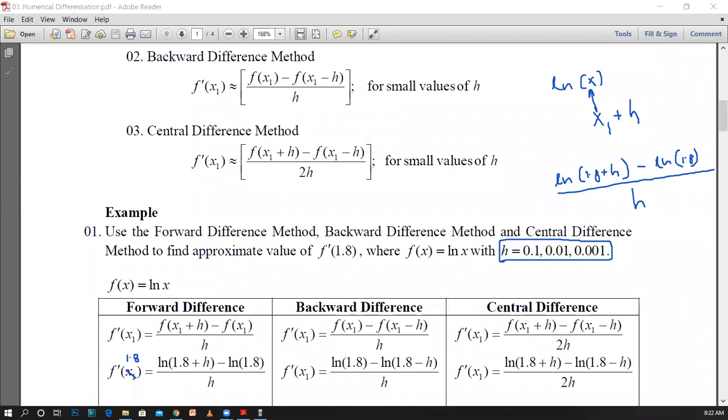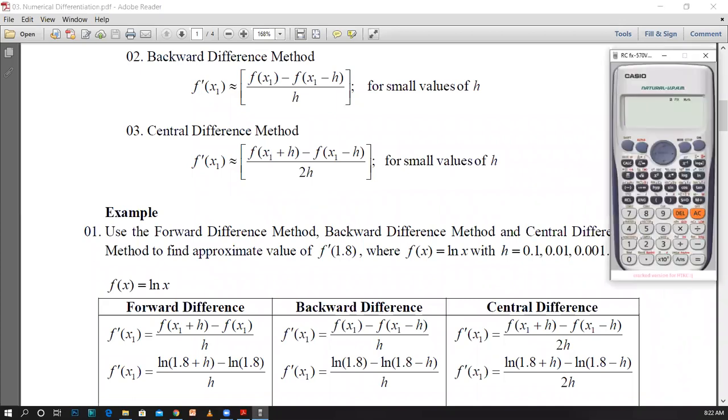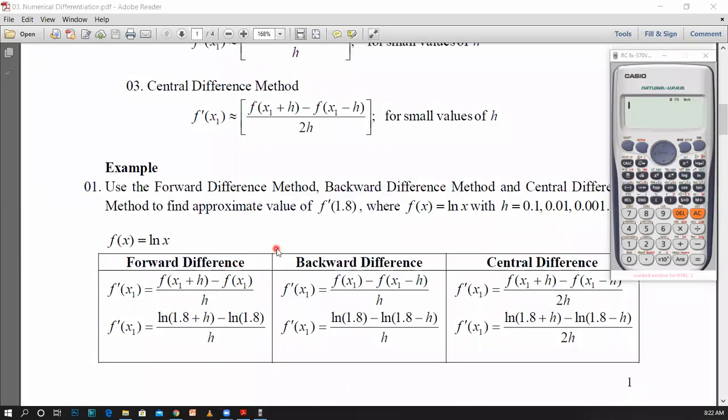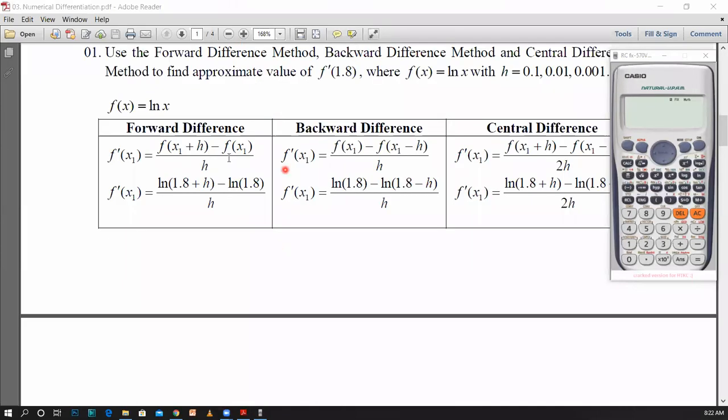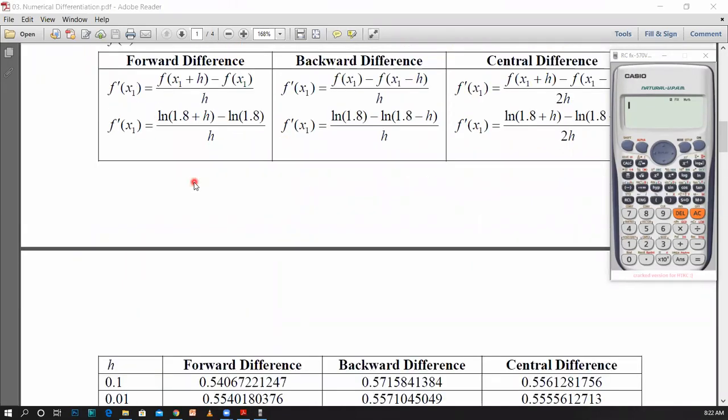Now we will see how we can perform this calculation. If I see about this calculation for the forward differentiating, first of all, I will include this function in the calculator. We have to take it like a fraction.